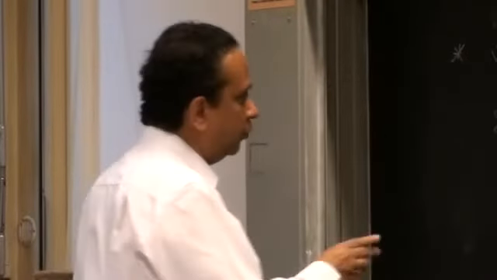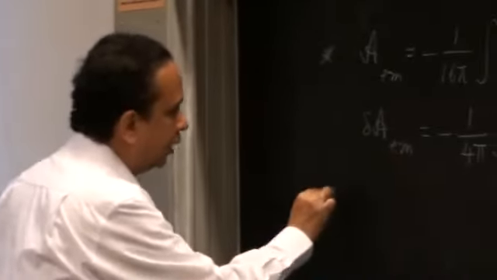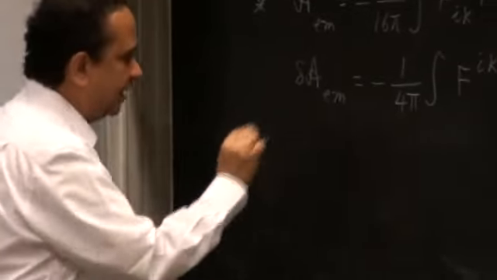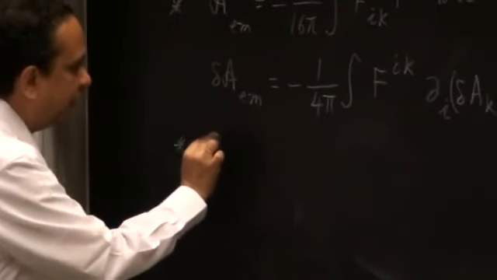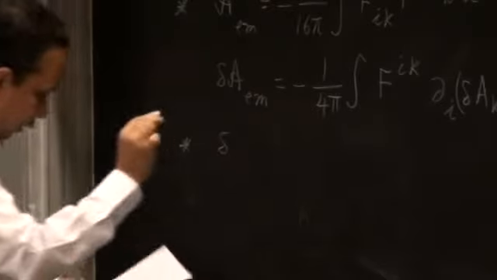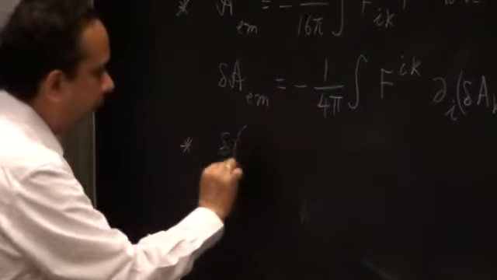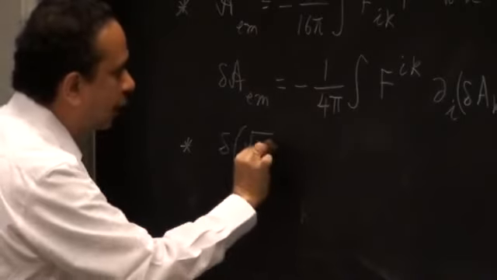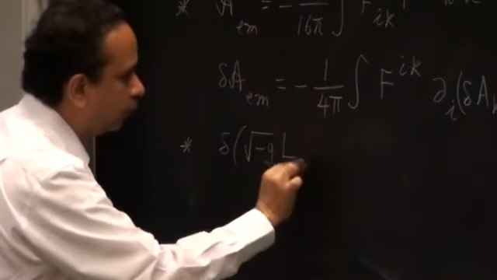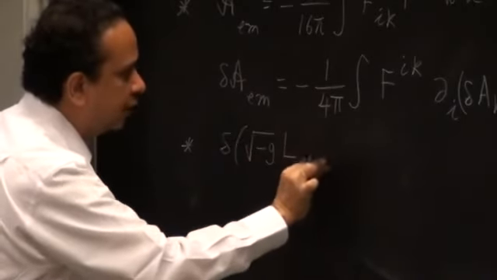Okay, so how do we do it in Einstein's theory? Let me try to write it here itself. What you want to do is to compute, let us say, the variation of root minus g L quadratic, because we know that the quadratic part alone will give you the necessary equations of motion.